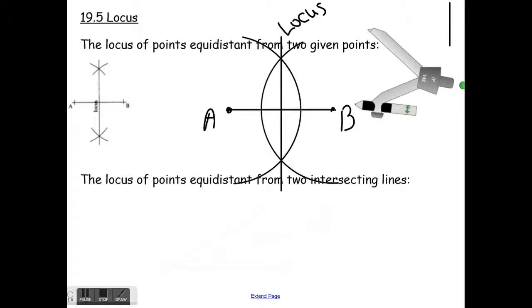So the last one, locus of points equidistant from 2 intersecting lines. So this one looks like that. So we have 2 intersecting lines, and I need to draw something that is equidistant from both of those lines. Bisector? Yes. So this is the bisector of the angle.